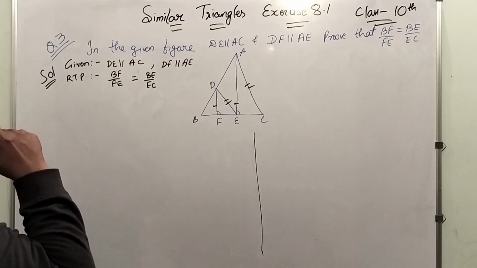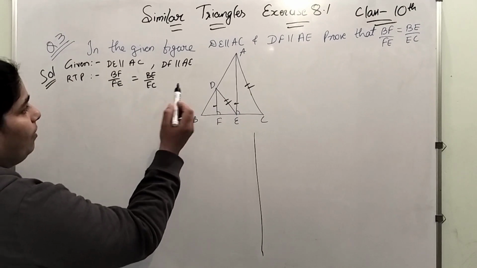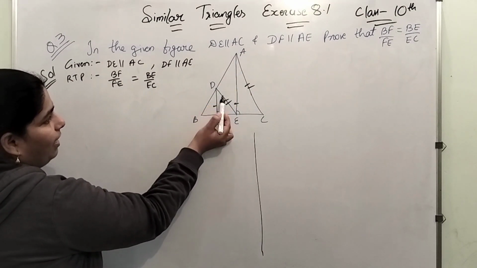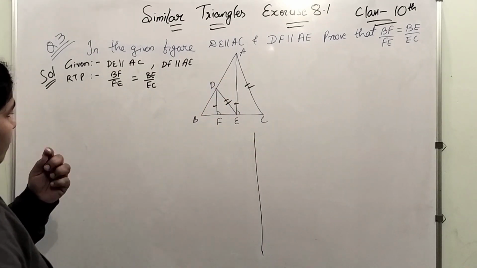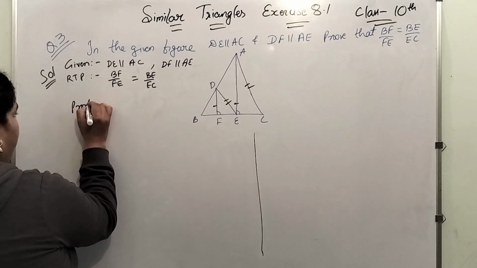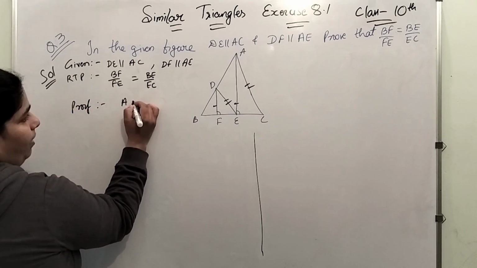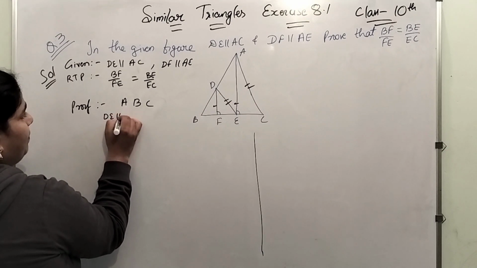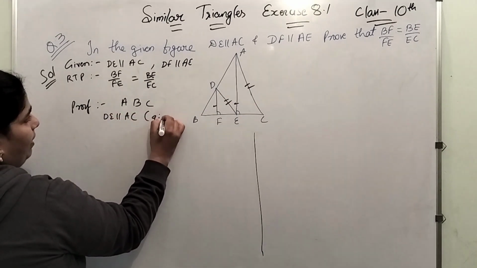Now, first we will take triangle ABC and parallel lines DE and AC. When we take A, B, C, here the parallel line is DE parallel to AC, which is given.